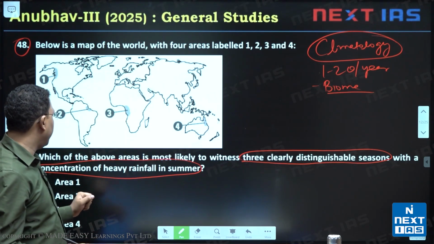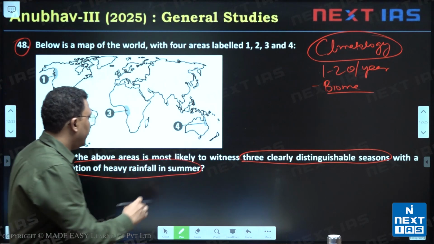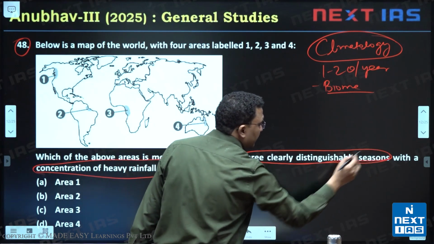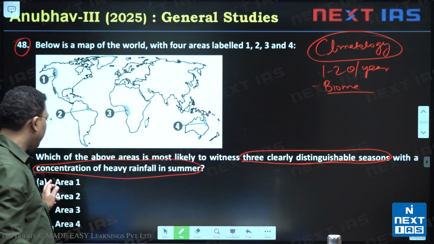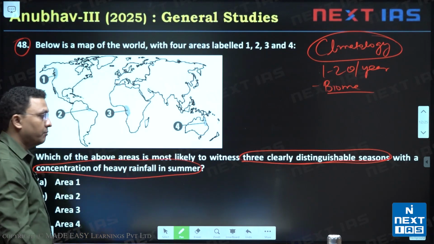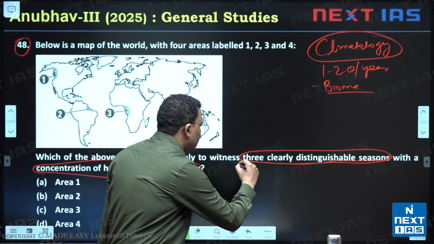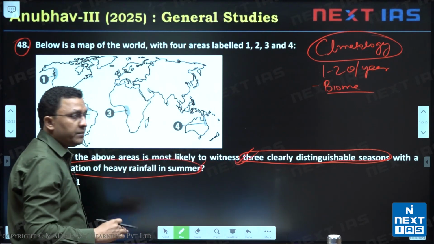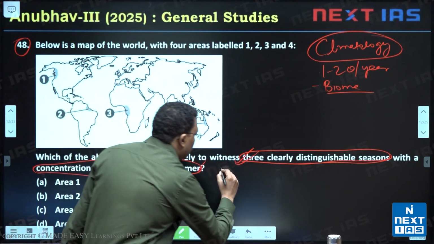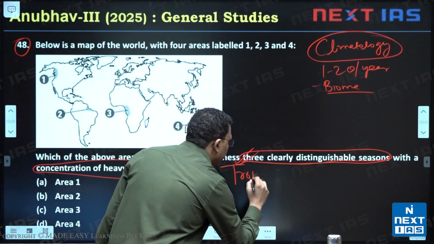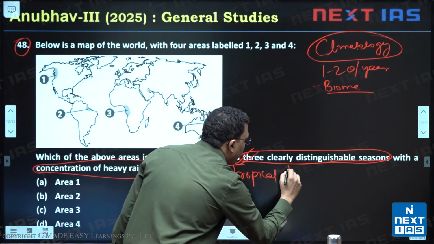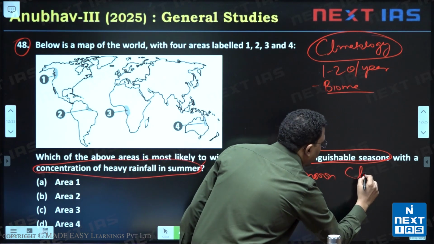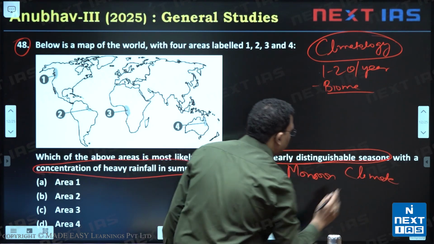Now the question is saying which of the above areas is most likely to witness 3 clearly distinguishable seasons with a concentration of heavy rainfall in summer, right? So these two characteristics, if you see, these two are typical characteristics of tropical monsoon climate, right?